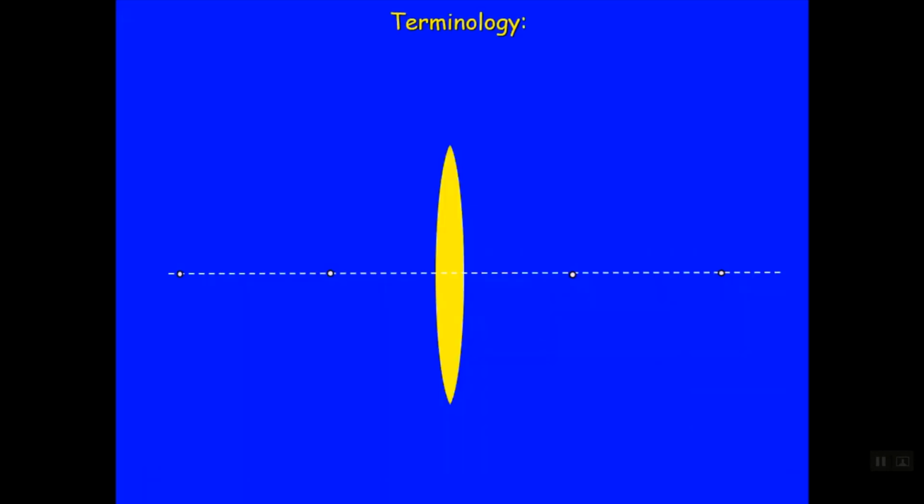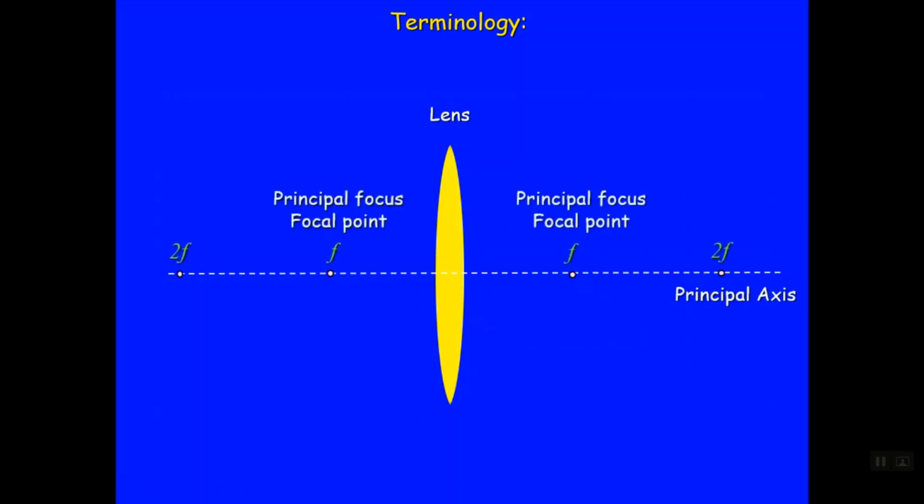Okay, so if we just go through the terminology, the yellow thing in the middle is called the lens. We have the principal axis, which is basically the middle of the lens, and then we have the focal points. For practical use, we also indicate twice the focal points, or the secondary focus. That is the place where the rays would come together at the focal point.